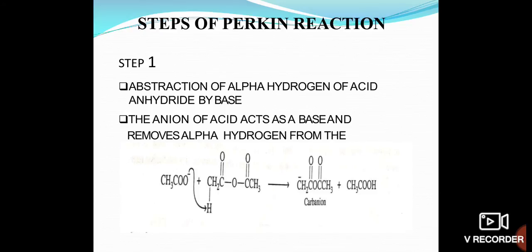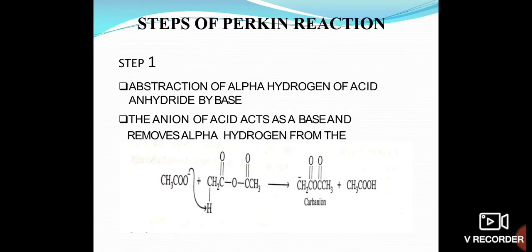Steps of Perkin reaction. Step 1: abstraction of alpha hydrogen of acid anhydride by base. First we take acetate, the anion of acid, which acts as a base and removes an alpha hydrogen from the acetic anhydride.